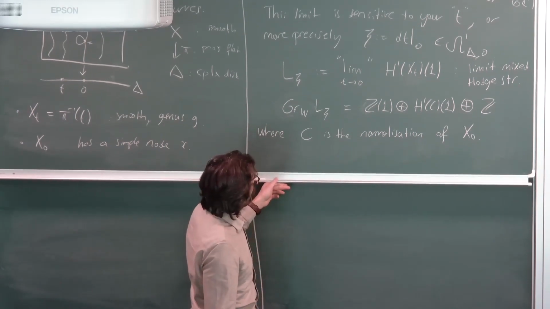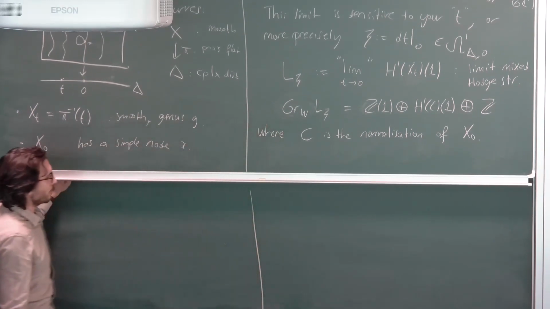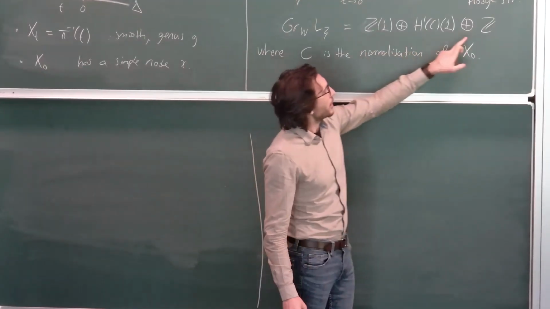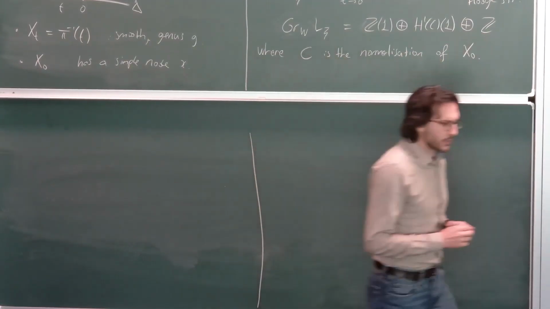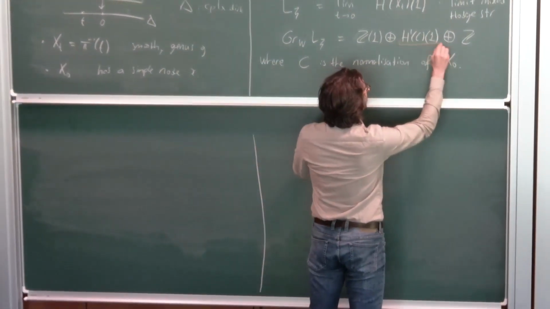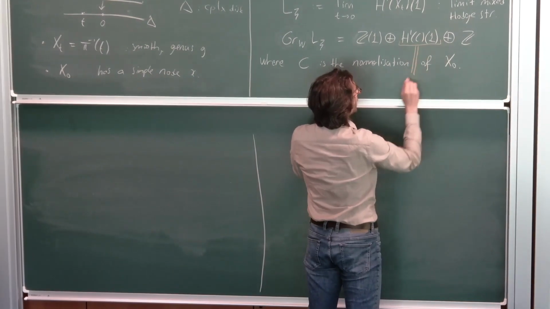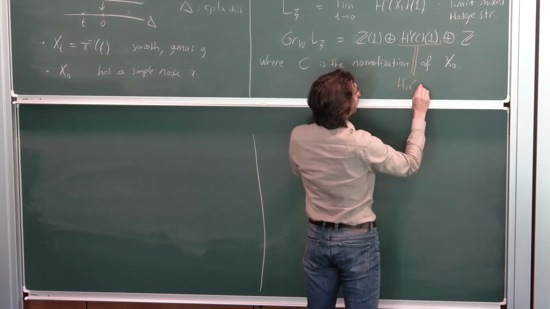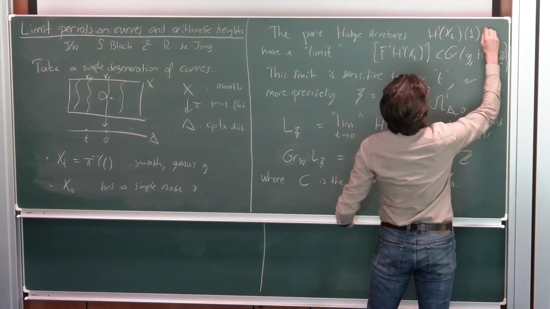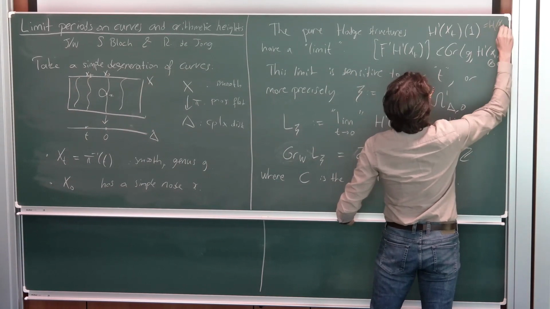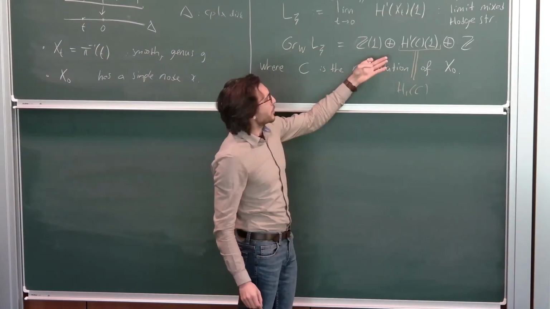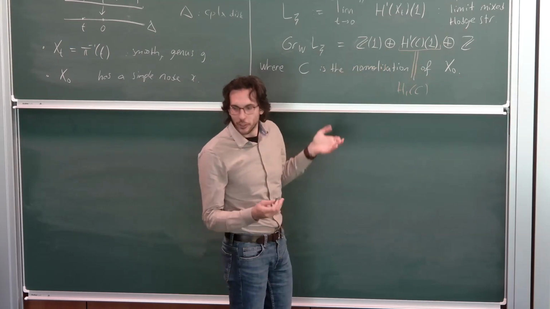So maybe I draw my pictures over here. I want to explain also the elements corresponding to these items. And to be able to draw pictures, I'm going to make one simplification. This you can identify with the homology of the curve, and this twist you can identify with a copy of Z. Hence, also one of the reasons for the twist. That means I can represent my elements by loops on curves, so I can draw pictures as well.